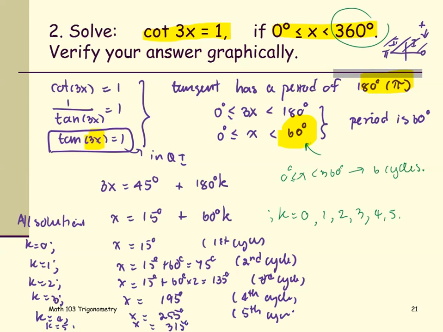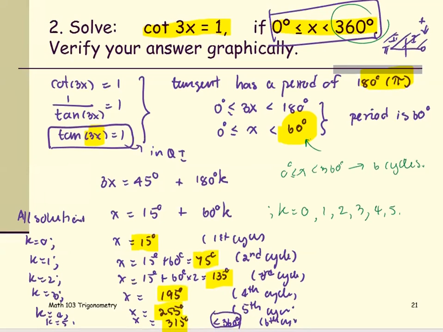As you see, when you keep adding 60 degrees, you're going to get another solution until you hit a number that is less than 360 degrees, or within the bound of the solution that the problem asked you to find. The last one here is the solution for the sixth cycle. So we get 6 solutions for this problem within the interval 0 degrees and 360 degrees.